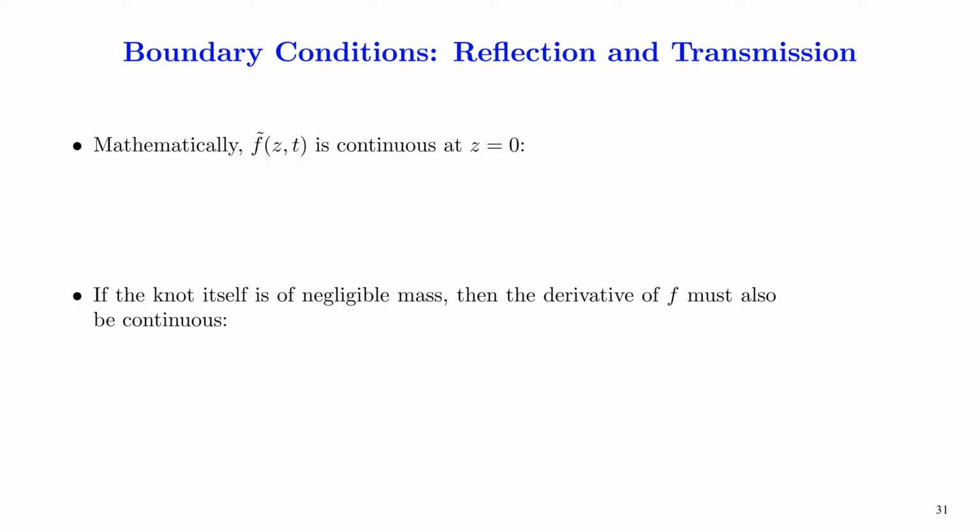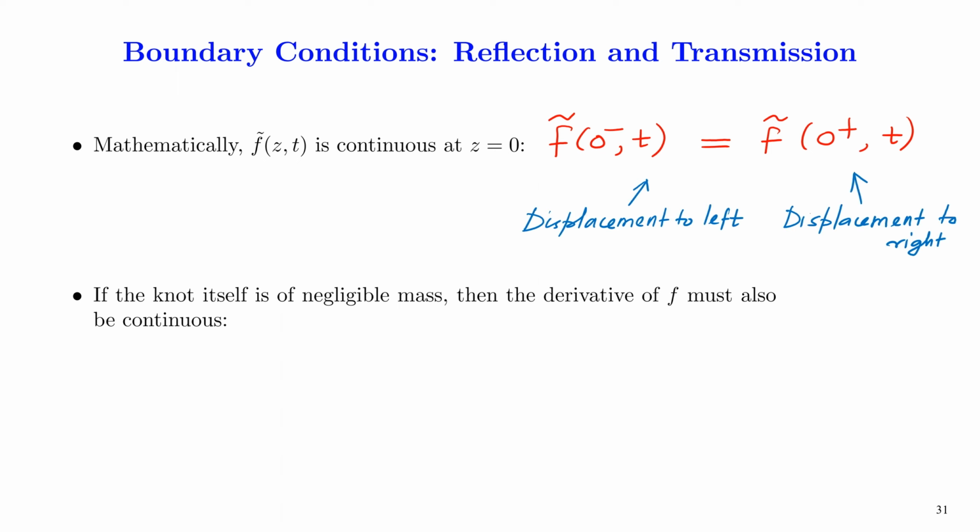If the wave is to propagate from one media to another, the complex wave function f(z,t) has to be continuous at z equal to 0. Mathematically, this can be represented as f complex (0 minus, t) equal to f complex (0 plus, t), where 0 minus represents an infinitesimally small displacement to the left of z equal to 0 and 0 plus represents an infinitesimally small displacement to the right.